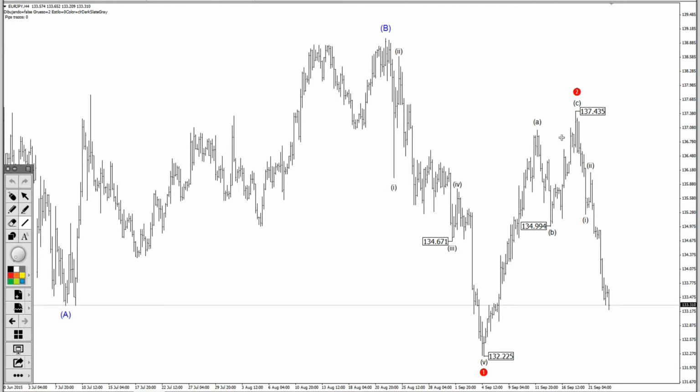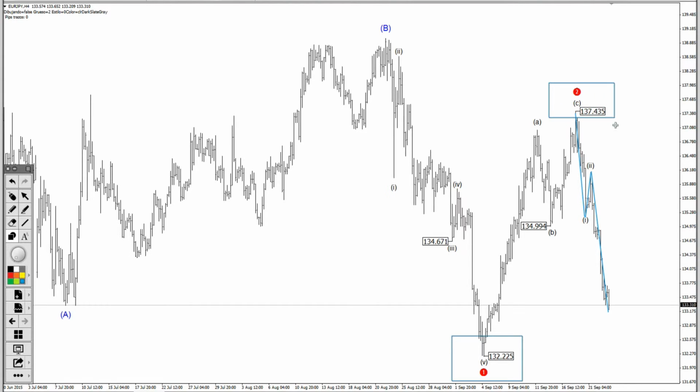So also bearish view here for the euro, price now 133.31. We are approaching the 132.225 low, the recent low of minute wave 1, and I have labeled waves 1 and 2 as completed, and this is very strong, as strong as was the move from the low of minute wave 1 to this peak of minute wave 2, 137.435.